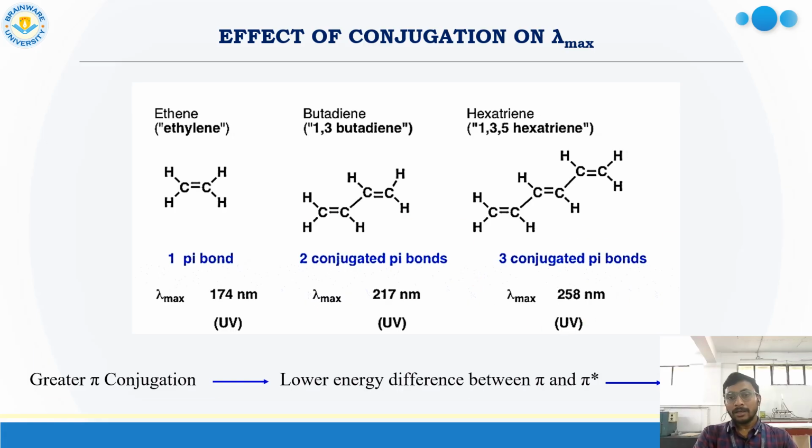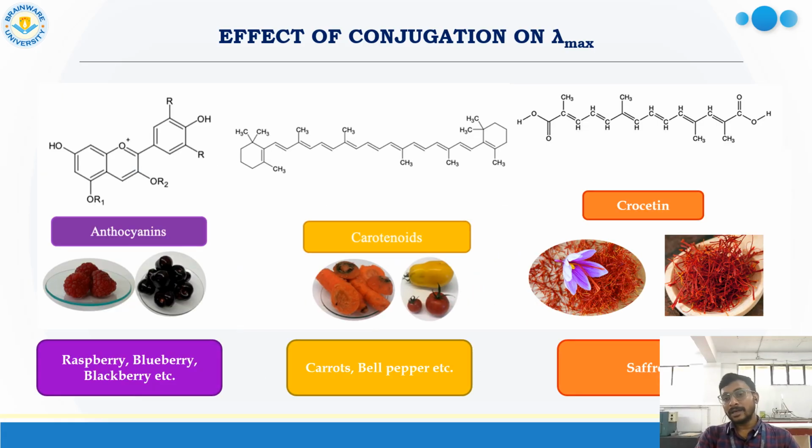Okay, and this can be exemplified from nature itself. As you can see, the greater the amount of conjugation, the greater the color. So the different types of berry colors, that is the violet color, come from anthocyanin that has a structure like this. As you can see, there is a lot of resonating structure going on.